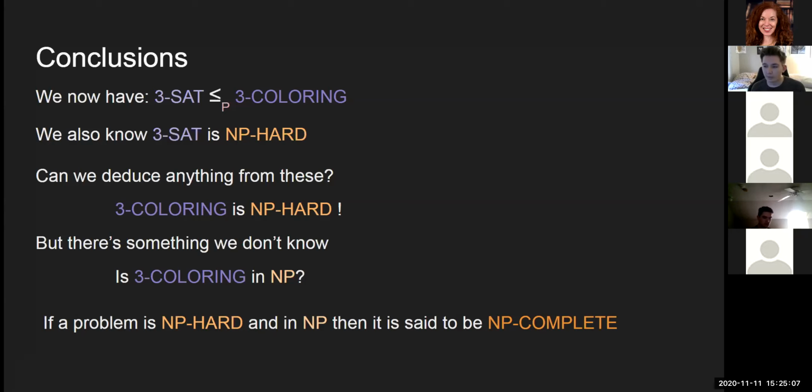I think now would probably be a good time to tackle the question that Hava raised earlier. We can find that something else is NP hard, like we can find that 3 coloring is NP hard by doing this reduction. But the question arises: if we are unable to do a reduction, if we don't know any problems are NP hard, how do we prove that a problem is NP hard?